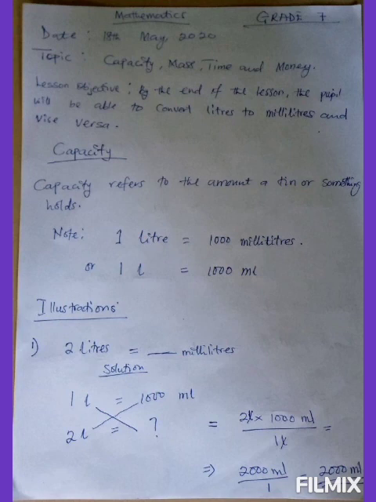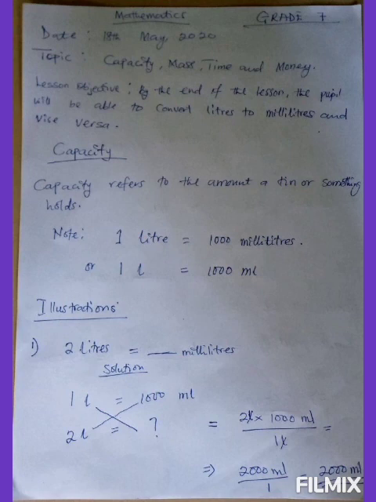Now, we are saying that 1 liter is equal to 1,000 milliliters. Therefore, 2 liters will be equal to how many milliliters? So I'll put a question mark under the 1,000 milliliters, showing that if we have 2 liters, it will be how many milliliters? Now, what you have to do is to cross multiply.